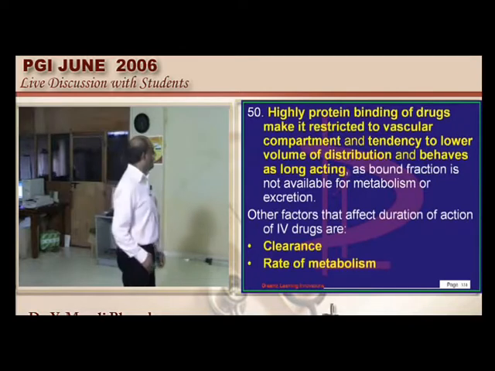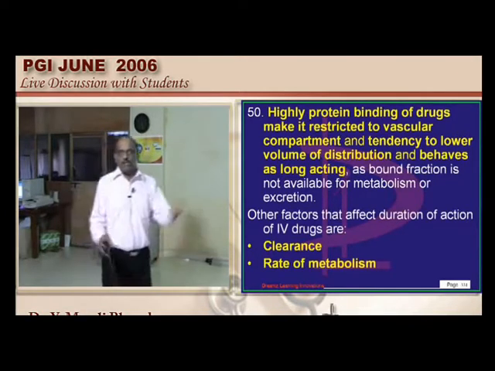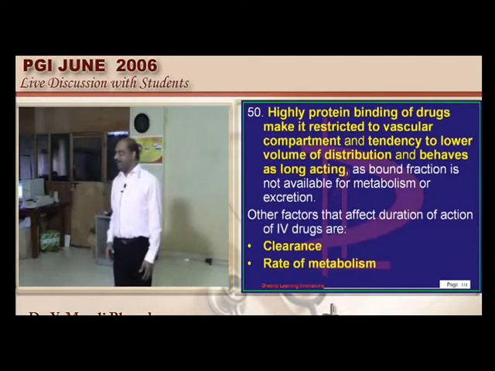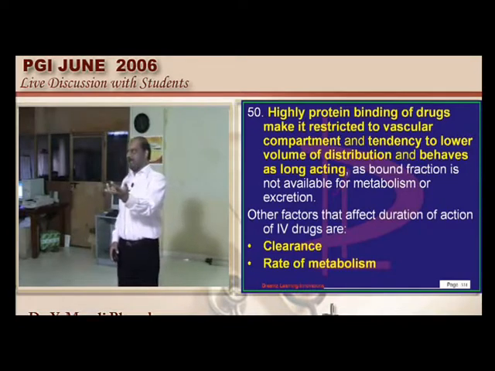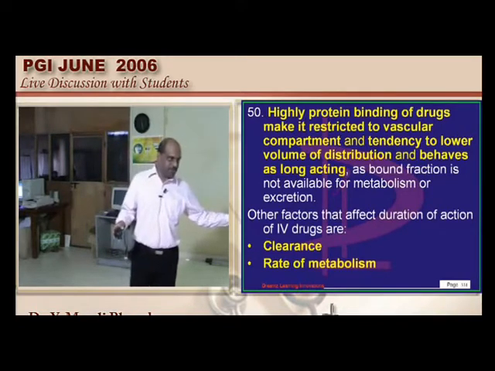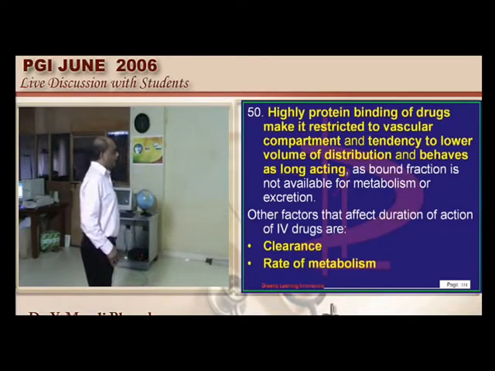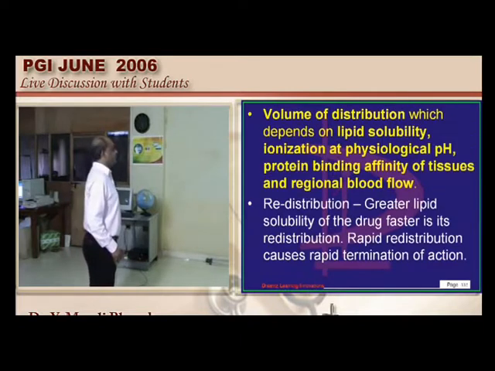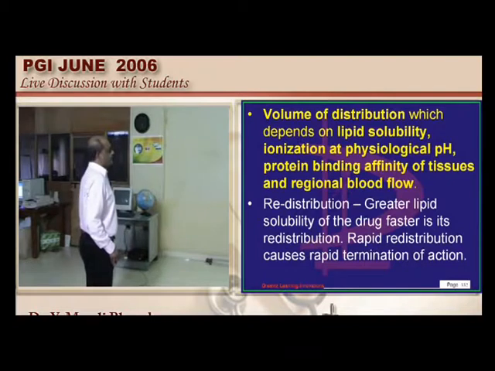It is protein binding, which is a very important determinant whether the volume of distribution is going to be more or less. Similarly, the lipid solubility of the drug also will decide. If it is less soluble, it becomes less diffusing into the tissues and remains more in the plasma. Now, clearance, rate of metabolism, volume of distribution and redistribution, they are all the important determinant factors.